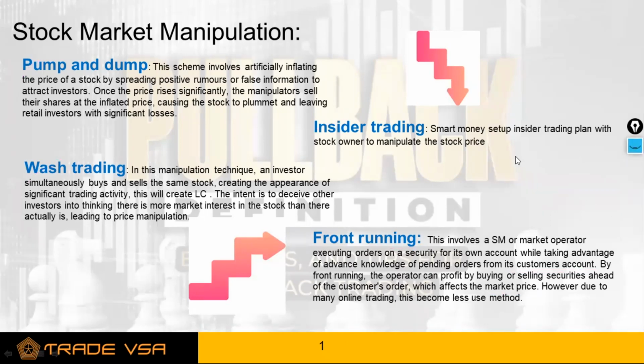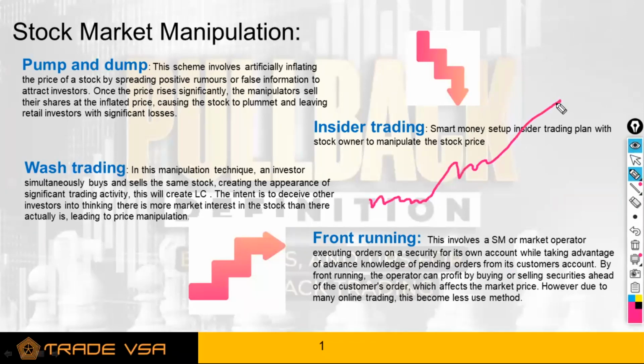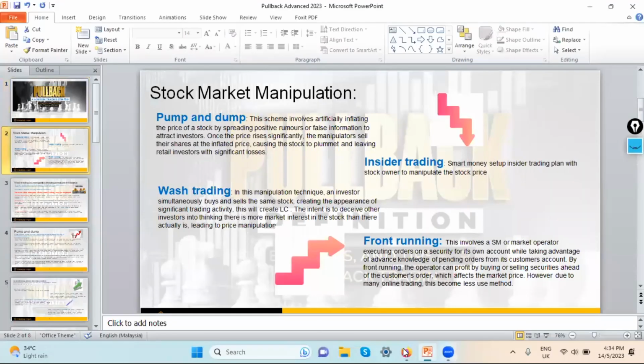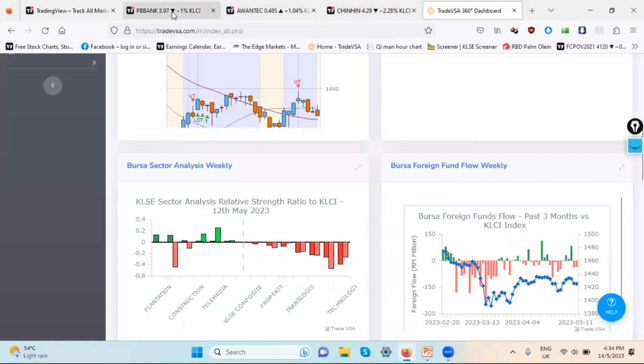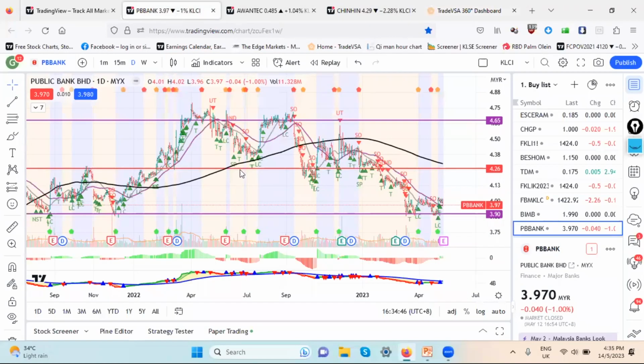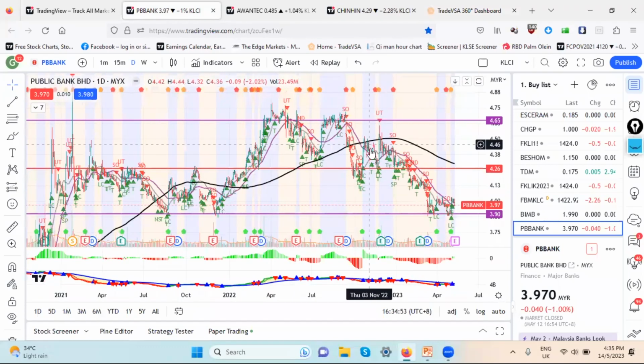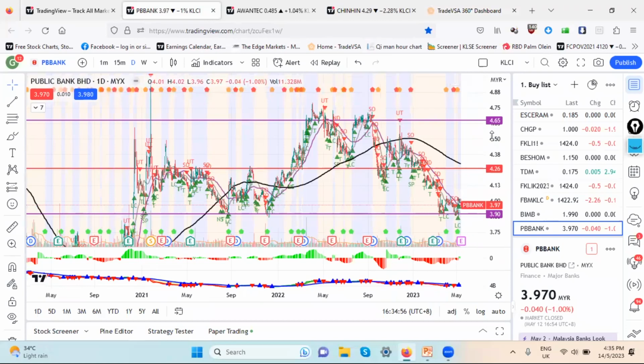So why are we going to share this stock market manipulation? In this pullback class, we need to know how the market works. The market does not work the way I show you on a chart, it is not that easy.